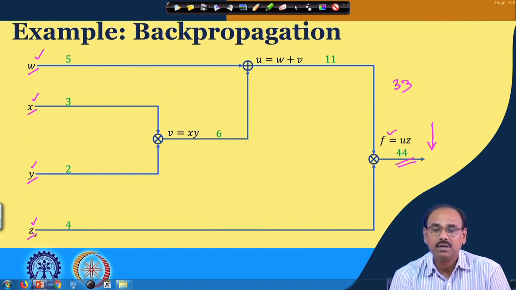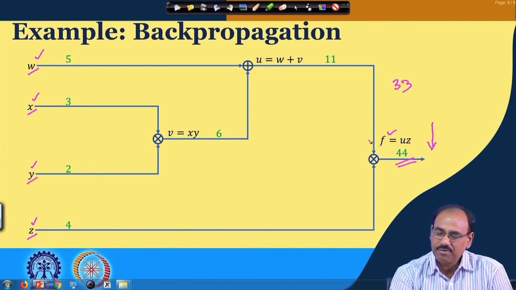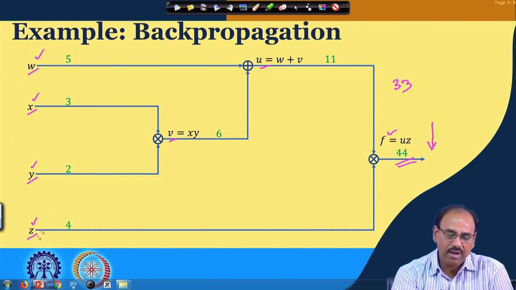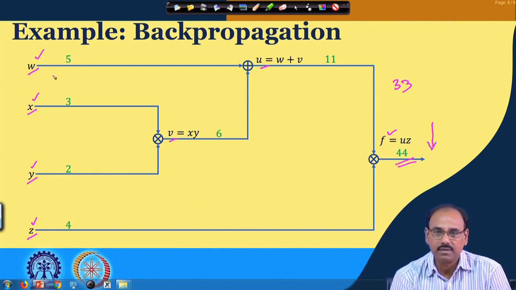That is what is the sensitivity of f on w or on x or on y or on z. And this is what I need. I don't need how f varies with u or how f varies with v. That is not my concern, but my concern is how f varies with w, x, y and z.